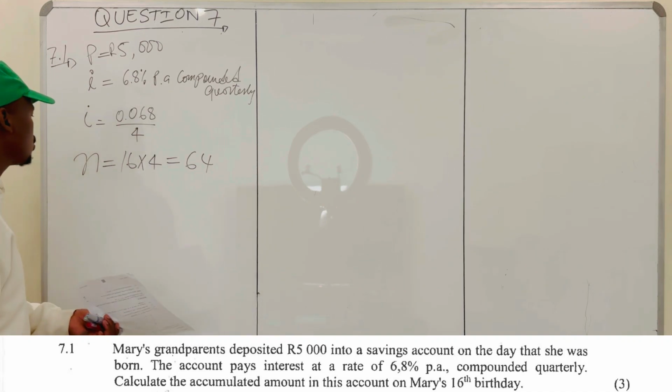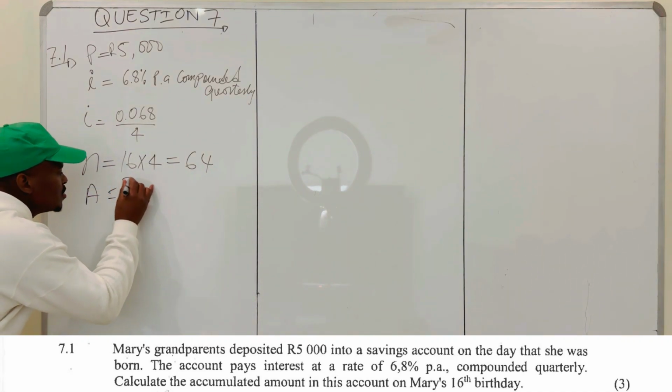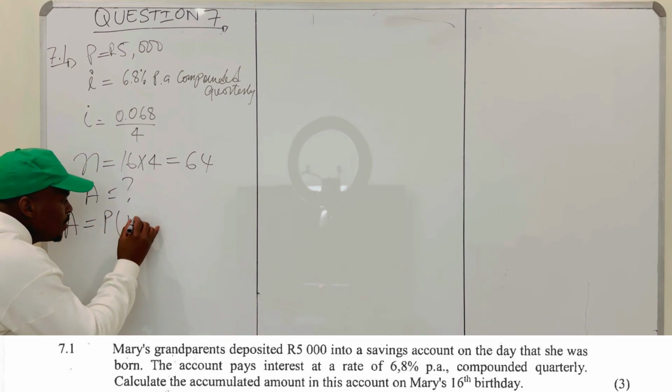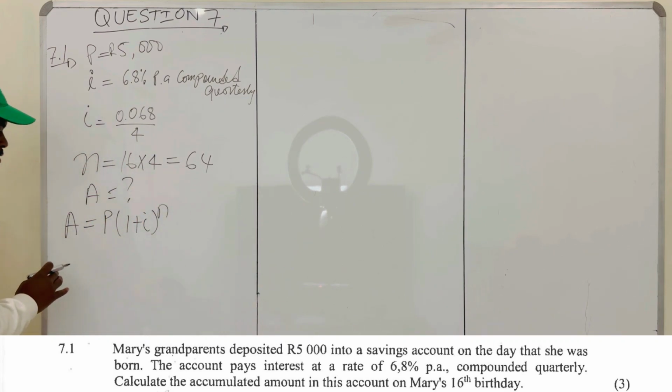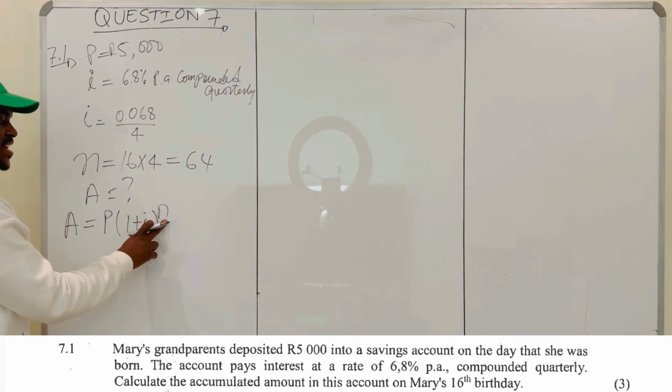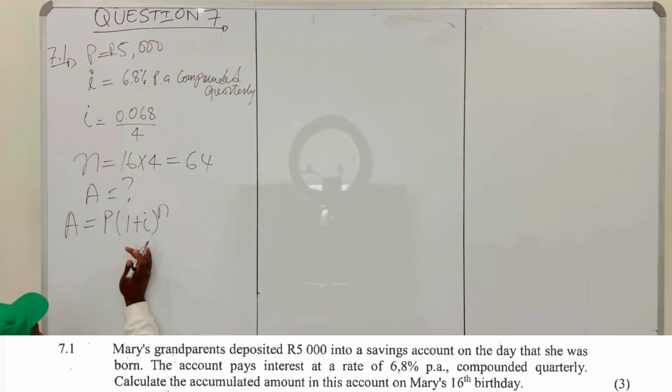So what we want is the accumulated amount, right? You know your accumulated amount is equal to P into (1 plus i) all raised to N, where A is the accumulated amount, P is the principal amount, which is the amount that was originally invested, i is the interest rate per compounding period, and N is the number of compounding periods. So in this case, it's easy.